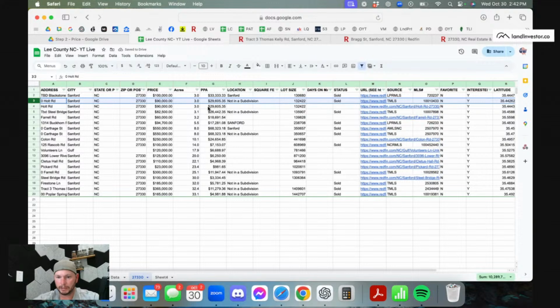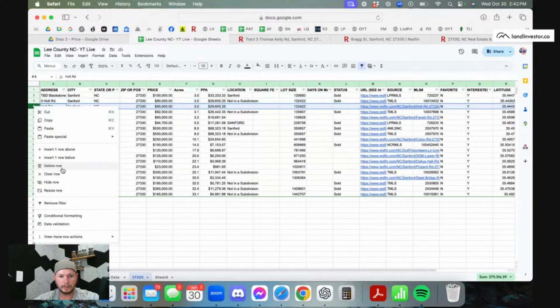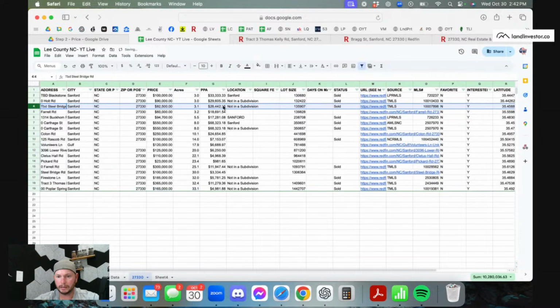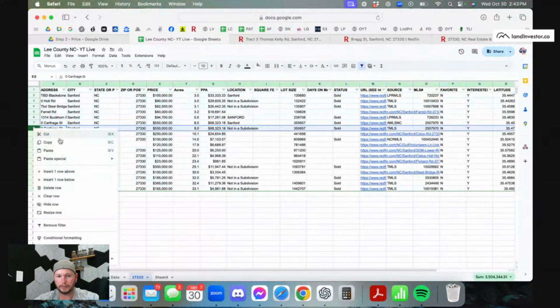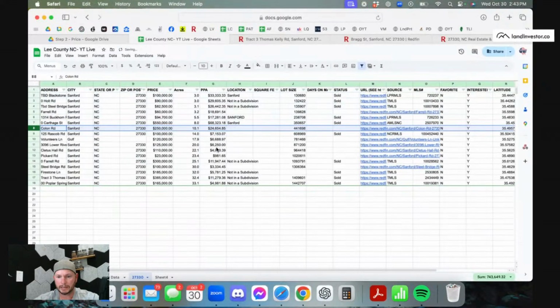So delete that, duplicate. 26, 26, 26, 68. This is a duplicate. The likelihood of something selling for the exact same price, the exact same size, and all that stuff is super unlikely. So if you see something messed up like that, we just delete them.